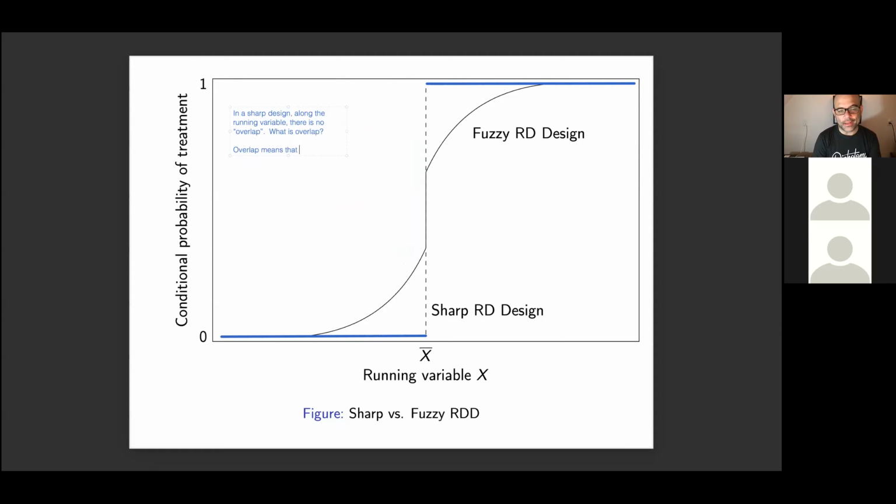Overlap means along the running variable, you would have people in the treatment group and the control group. So for every value of X, I have people in treatment and control. That overlap is guaranteed by RCTs. That's why we have balance and covariance. For everything, you've got units in both treatment and control.